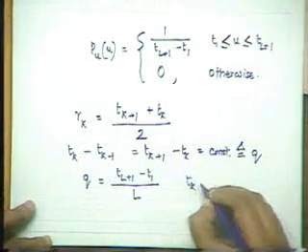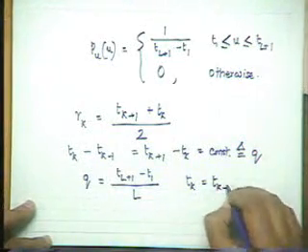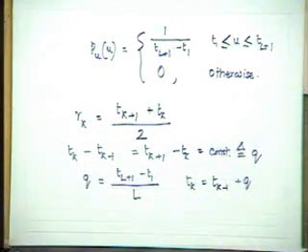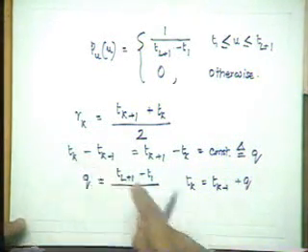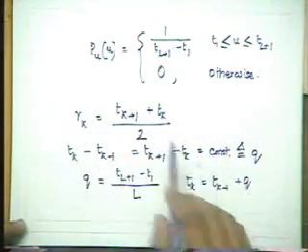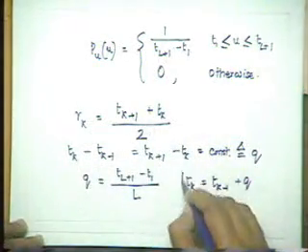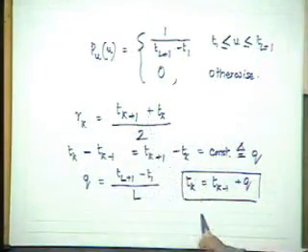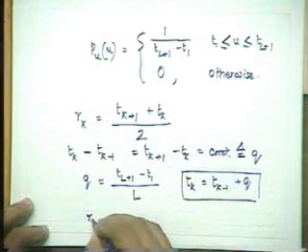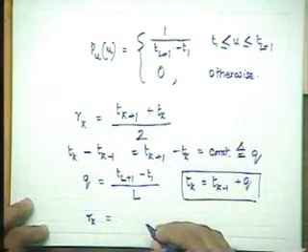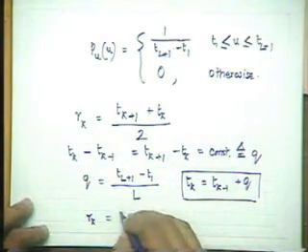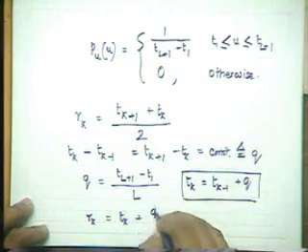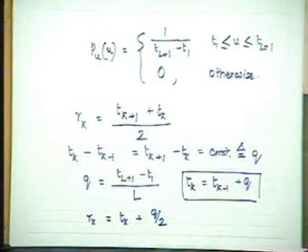Using this I can write Tk equals Tk minus 1 plus the quantization step q. And if I substitute this definition over here, you can verify this, Rk is going to be equal to Tk plus q by 2.